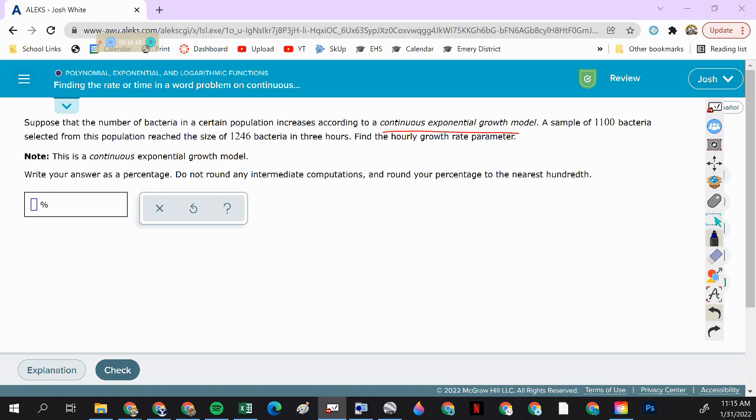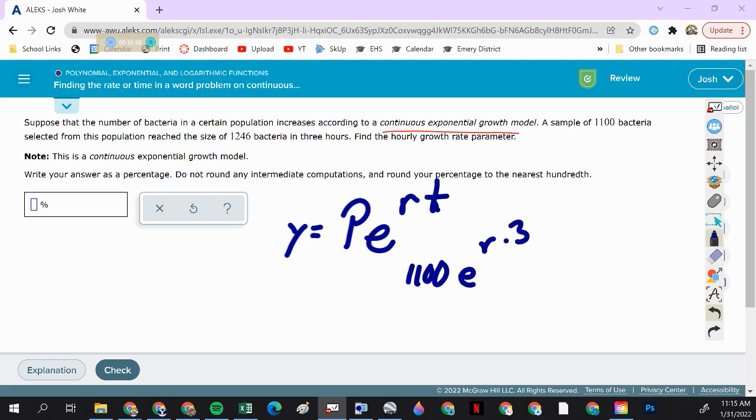The PERT. Okay, so we're starting with 1100 bacteria times e. We don't know how fast it's growing, but we are waiting for 3 hours. And after that amount of time, we have 1246.